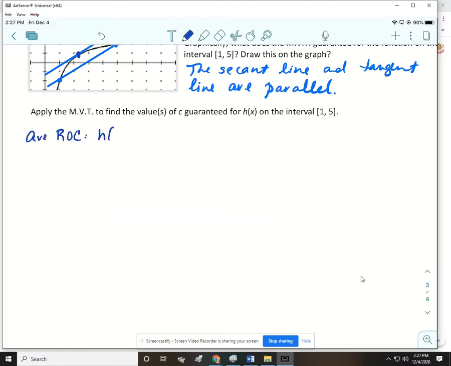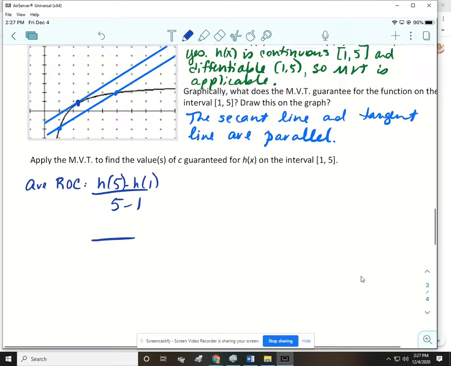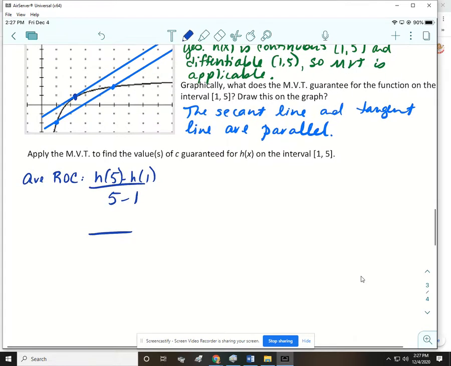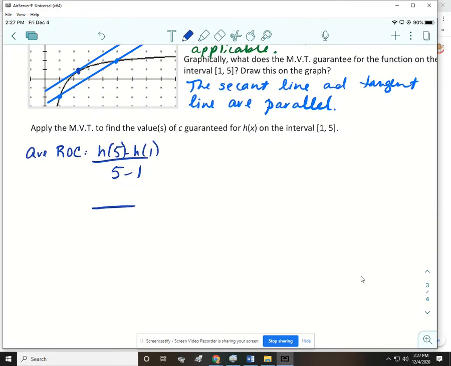So it's going to be h of 5 minus h of 1 over 5 minus 1. Okay, and we can plug 5 in to our function, or we can look at the graph. Either way, we're going to get 2 for h of 5 and negative 2 for h of 1. 5 minus 1 is 4. So that's going to give us an average rate of change of 1.